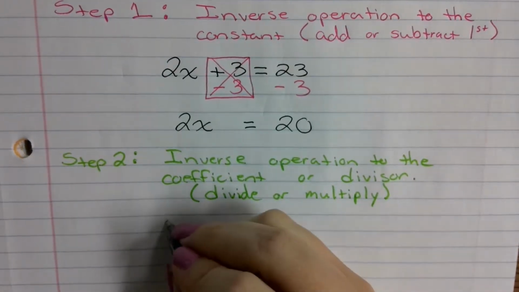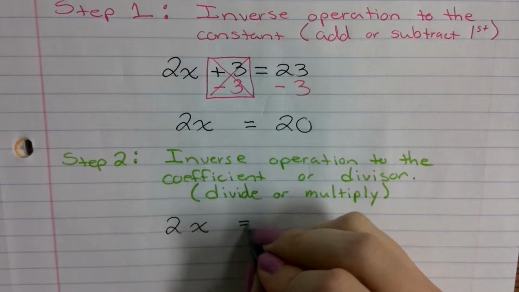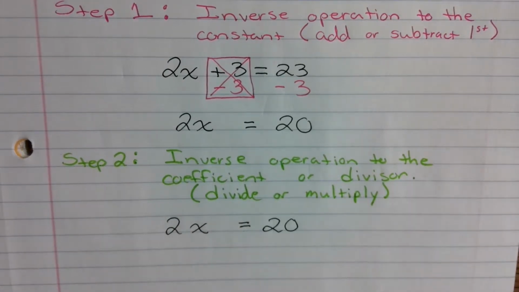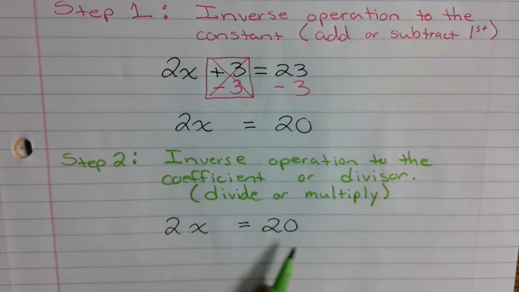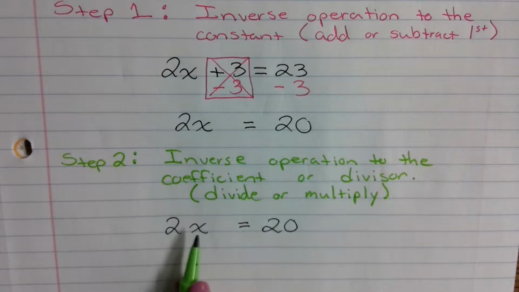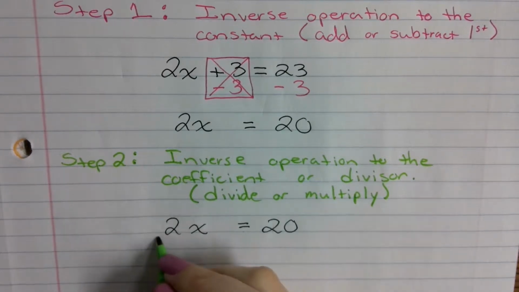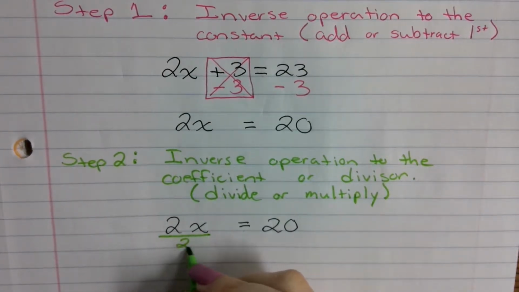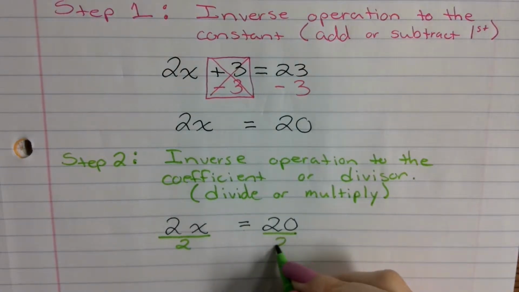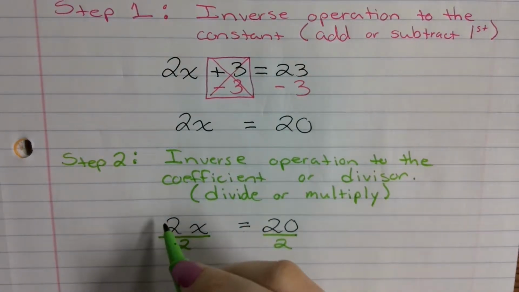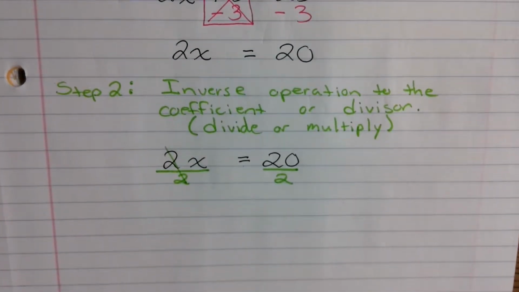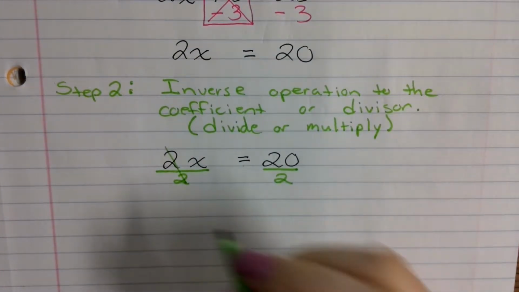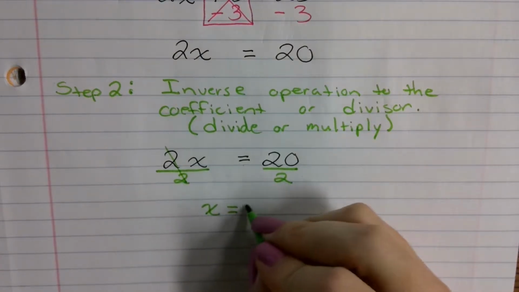Okay, so if we have that 2x is equal to 20, what inverse operation would we be performing here? Division, right? This was multiplication. That means we need to divide. So we're going to divide by 2 on both sides of that equal sign. The 2's will simplify out. It'll simplify to a coefficient of a 1. And that means we'd get x is now equal to 10.